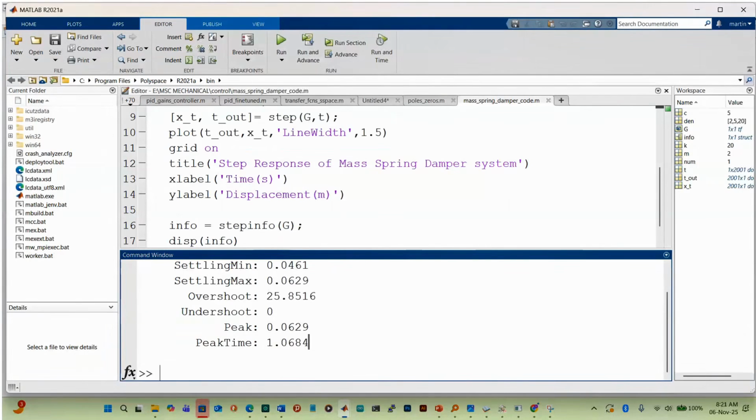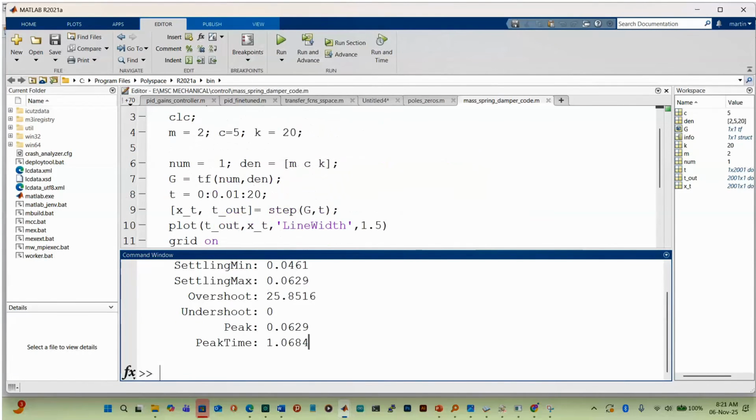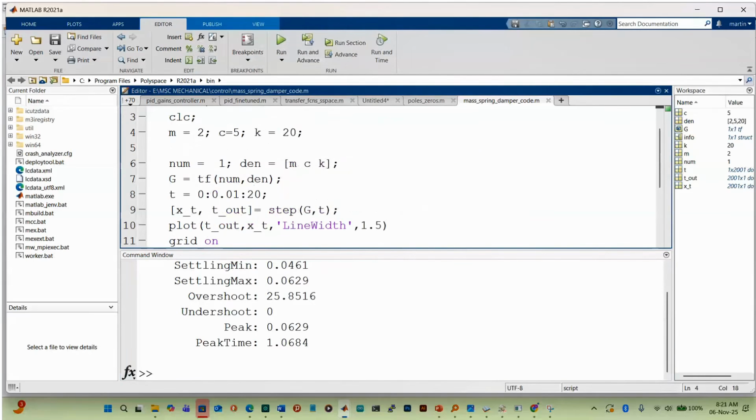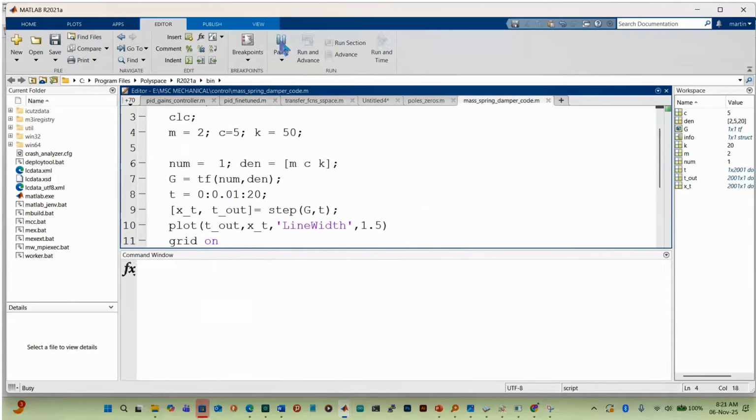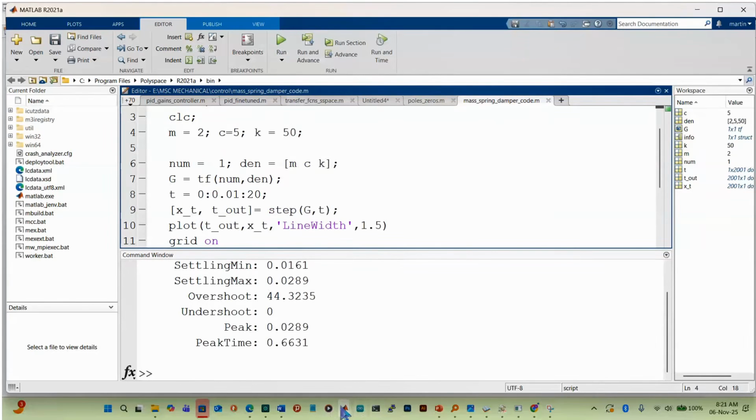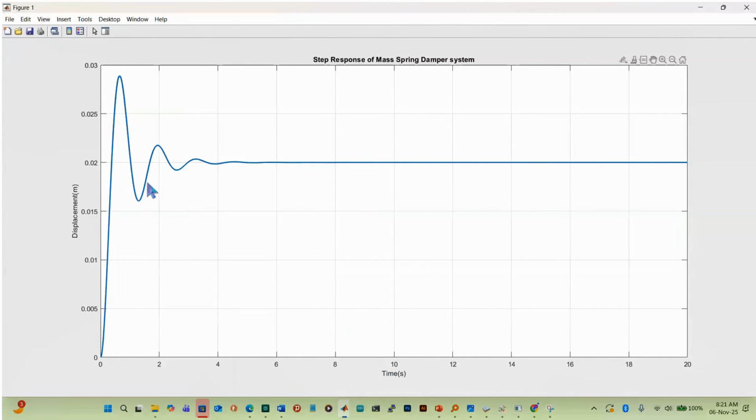You can again check if, for example, the spring constant is actually 50. Let's check what happens. You can now start varying. If you're designing, for example, a shock absorber or a suspension system, you can start testing your system to see what is going to happen.